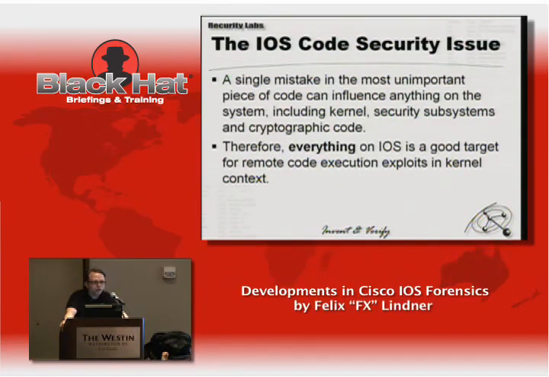If he finds a vulnerability in the finger service or the NTP client or totally useless features like voice XML programming for your fax port, then once he got code execution on that one, he got code execution on the whole thing. It means instantaneously remote kernel.